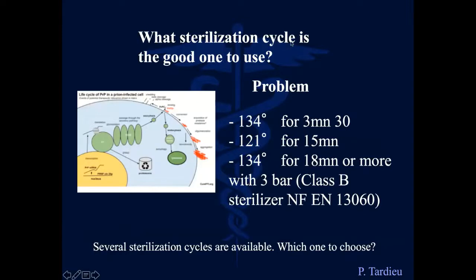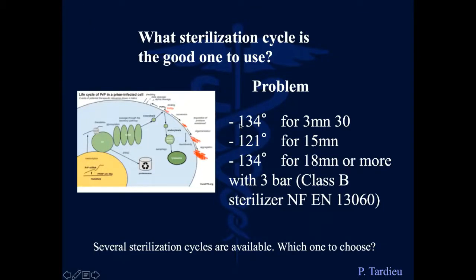What sterilization cycle is a good one to use? There are several sterilization cycles, and they are almost already implemented when you buy a Lisa or Tuttnauer or any kind of sterilizer.